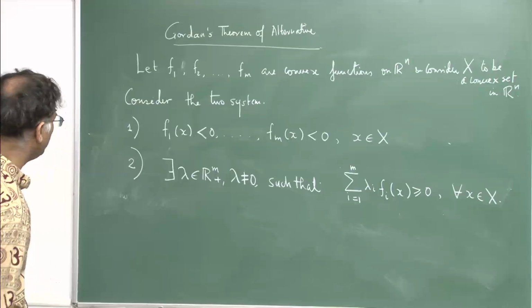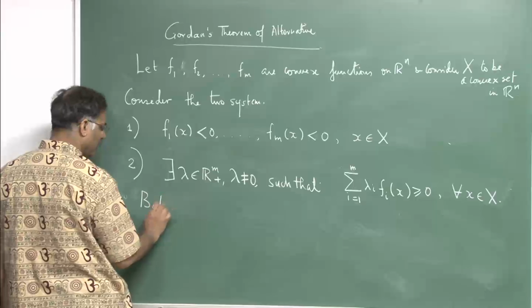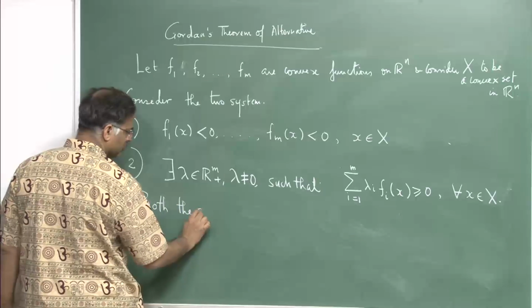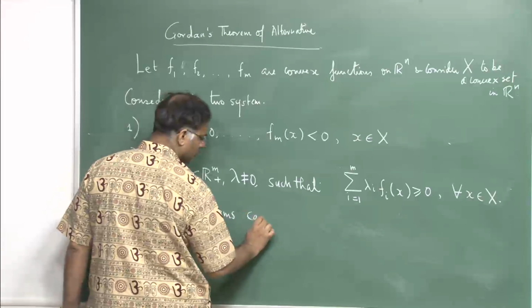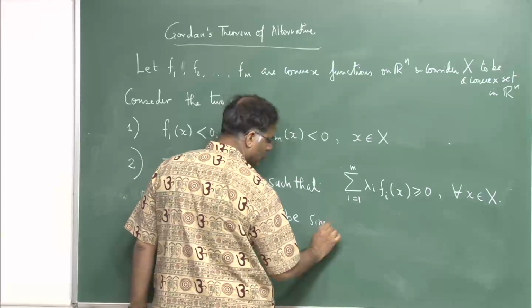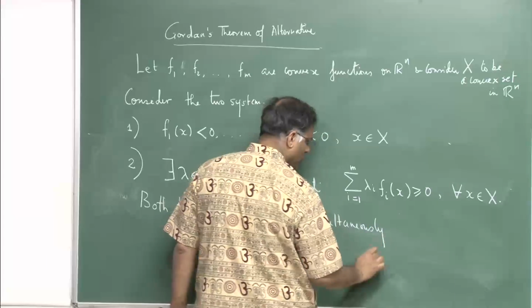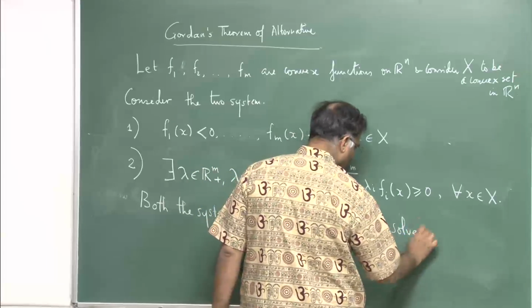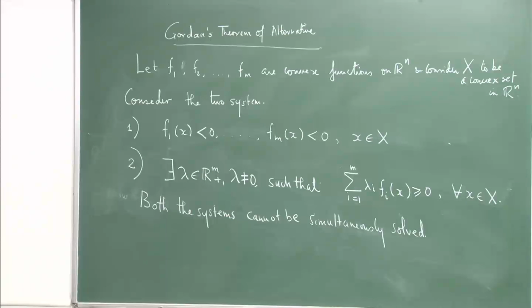It is called theorem of the alternative because the final statement is that both the systems cannot be simultaneously solved. So, that is the meaning of the word theorem of the alternative.